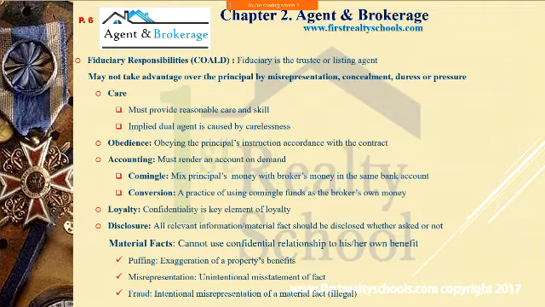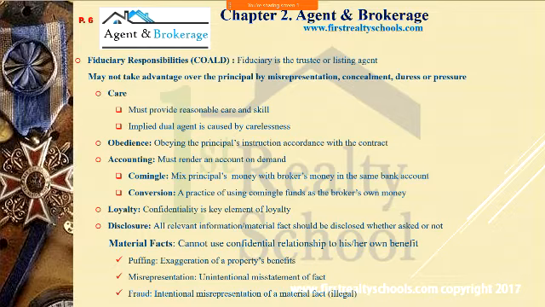Again, I'd like to remind you, whenever we say disclosure, it means the agency's responsibility to inform all the relevant material facts. And for the state exam, it means it has to be in writing, and you get a signature.